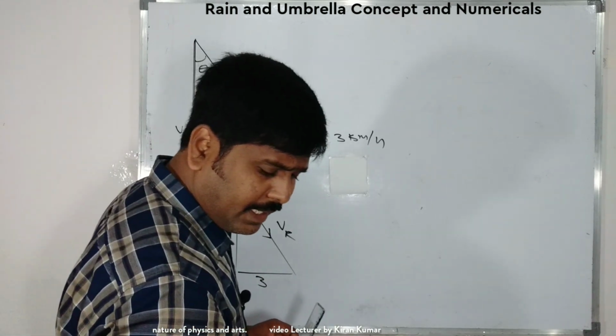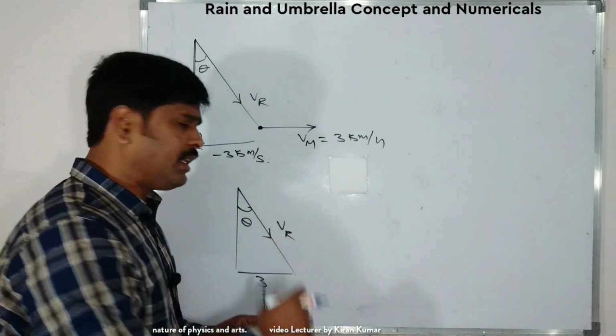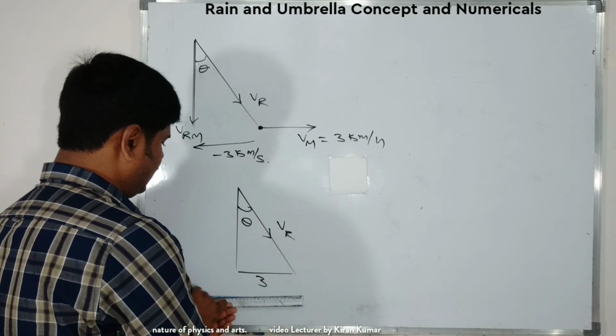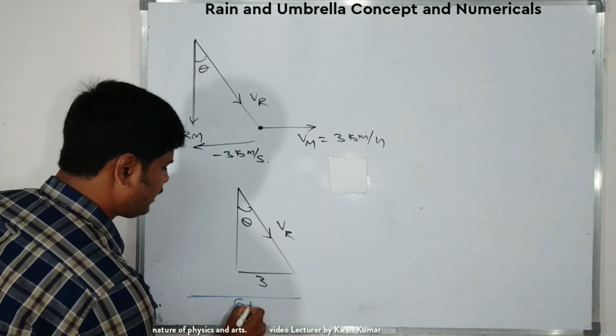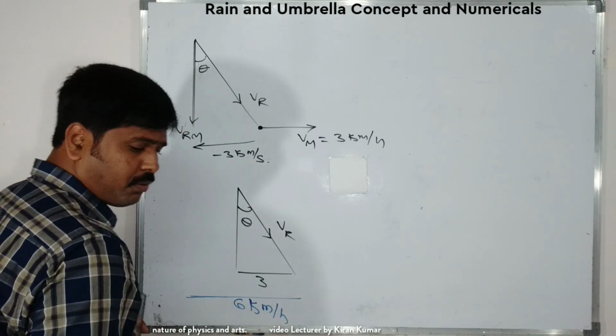If the person increases his speed from 3 km to 6 km, now he is moving with 6 km per hour. See, try to understand.